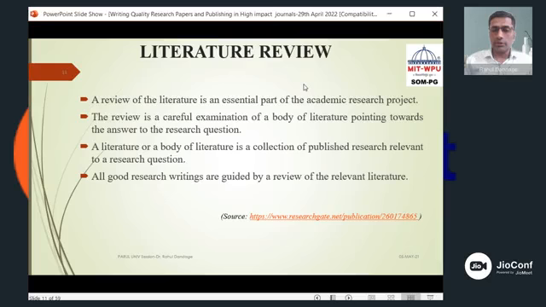The more extensive the literature review you carry out, the more specific your research will be. Your research questions and research gap will be more confined to a specific problem.